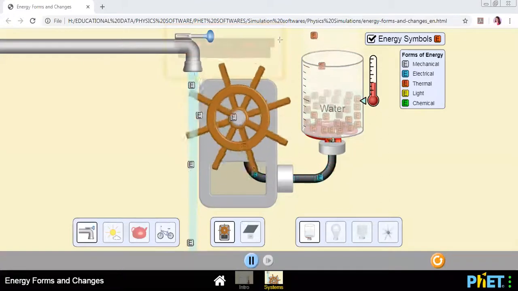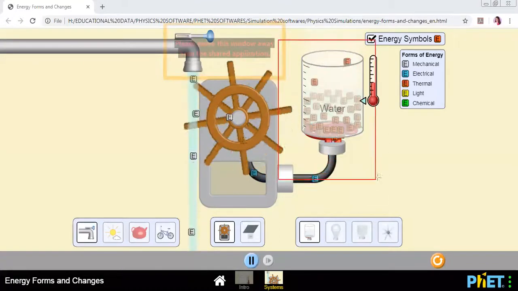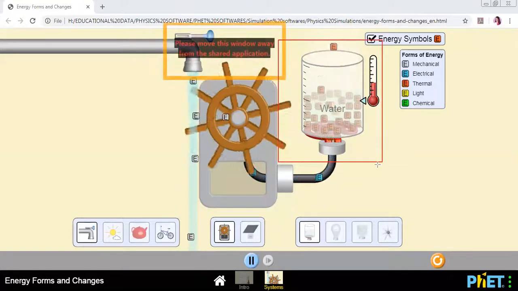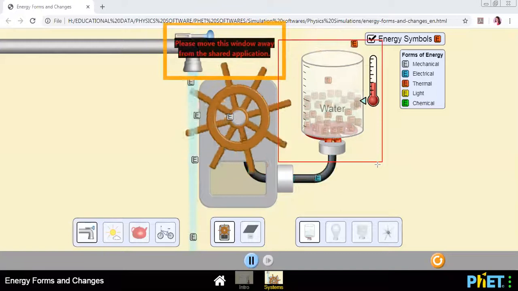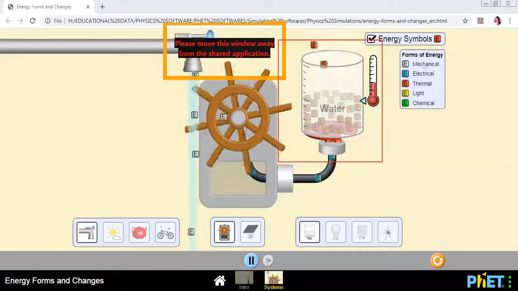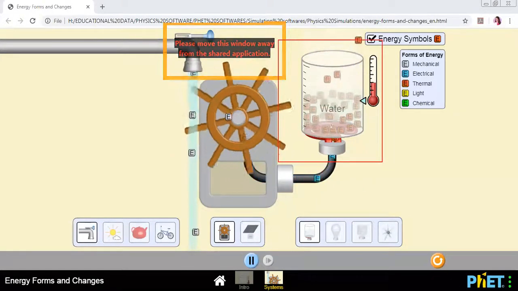This part of the system is as good as your heater, which is used in your washrooms to heat the water. So what is the energy conversion in a heater? In a heater the energy conversion is from electrical to thermal.